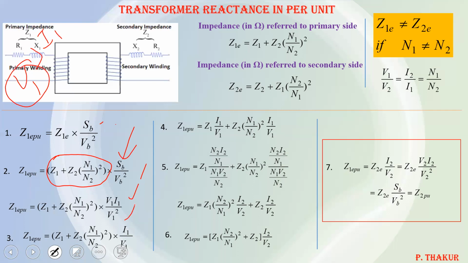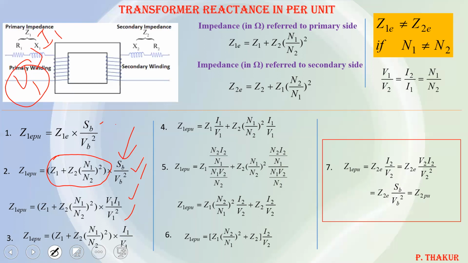So you will have to take primary data and secondary data as the base value. You are calculating the impedance value referred to the primary, and for the primary side, SB is V1 I1 and voltage base is V1.